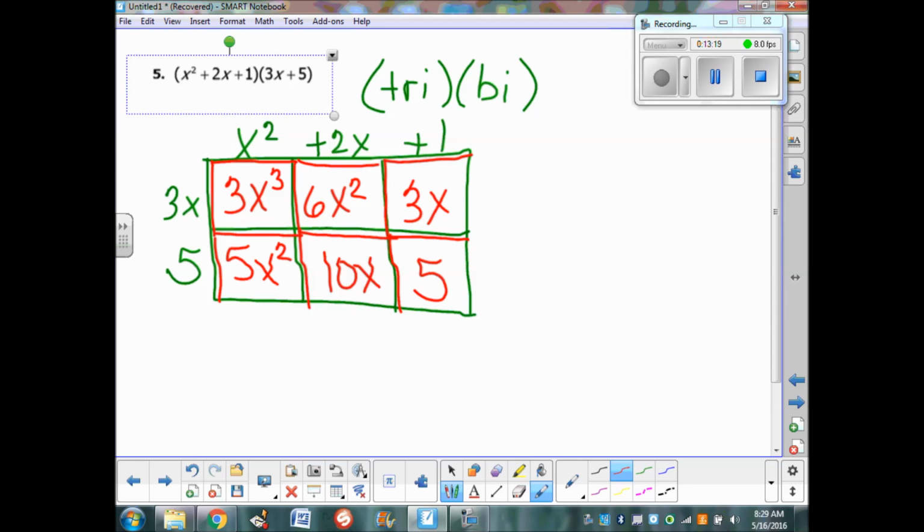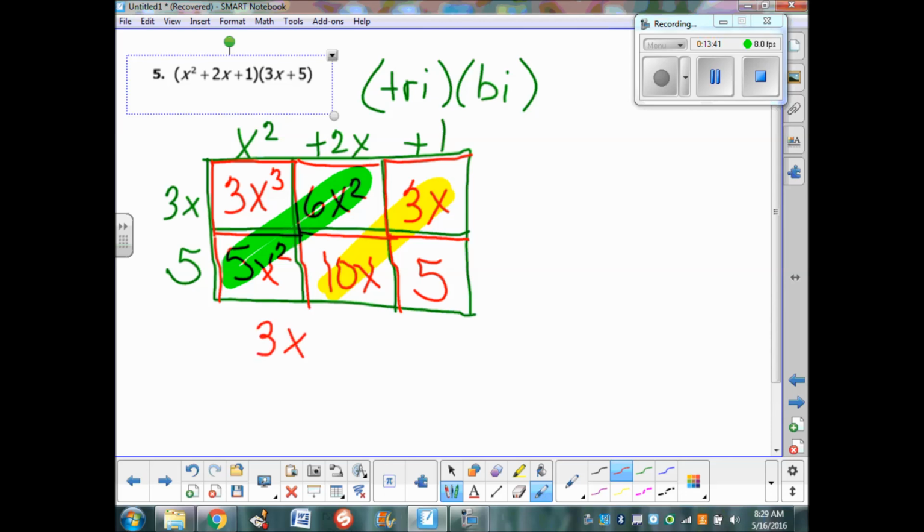Where are the like terms occurring? Let's highlight them. I see like terms right here. And then I also see like terms right there. So now let's write our simplified answer in descending order.